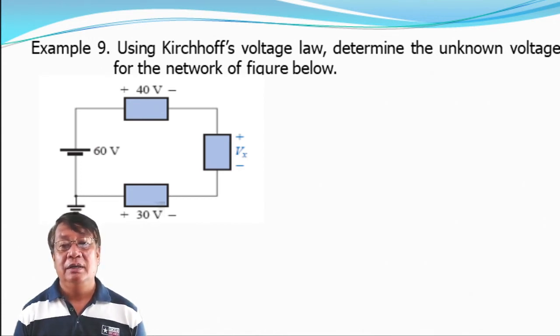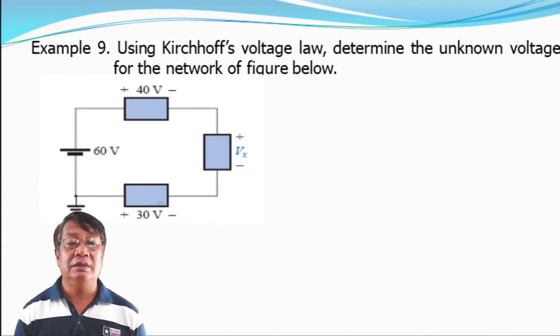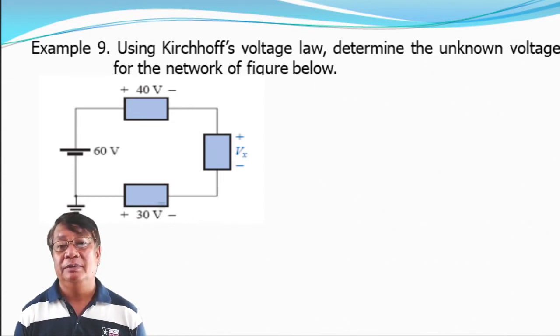If you assume a clockwise direction, we have positive 60, negative 40, negative V sub X. But take note of this block here, that is equal to minus 30. It is minus plus, meaning this will become a positive 30 volts.